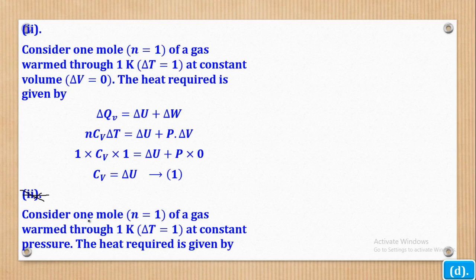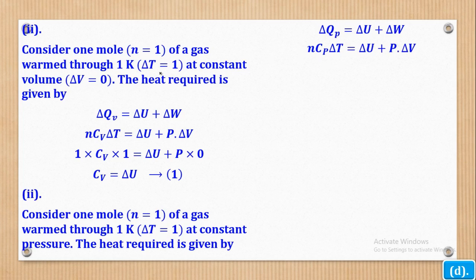So consider 1 mole of a gas warmed through 1 Kelvin at constant pressure. So this was constant volume, now it is constant pressure. The heat required is given by that formula, heat equal to internal energy plus work done. Therefore I'll substitute this with that, this is still internal energy, and this is that.